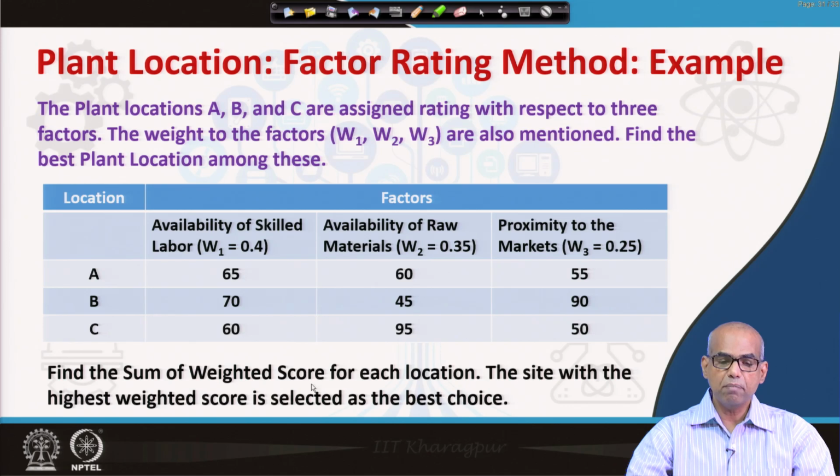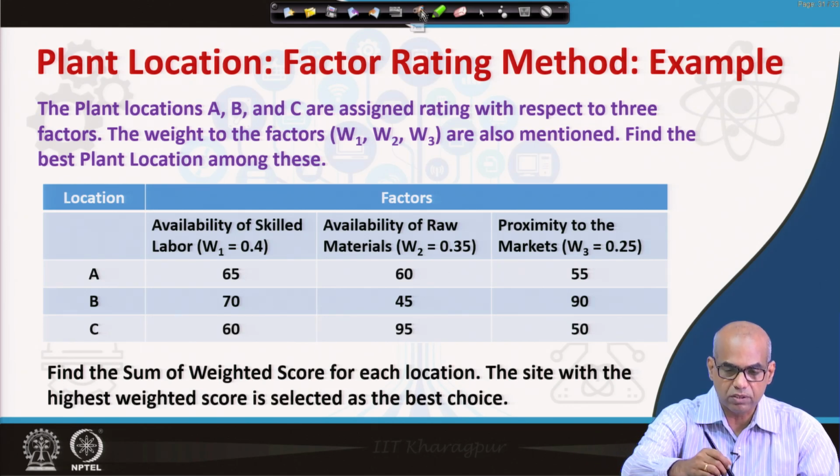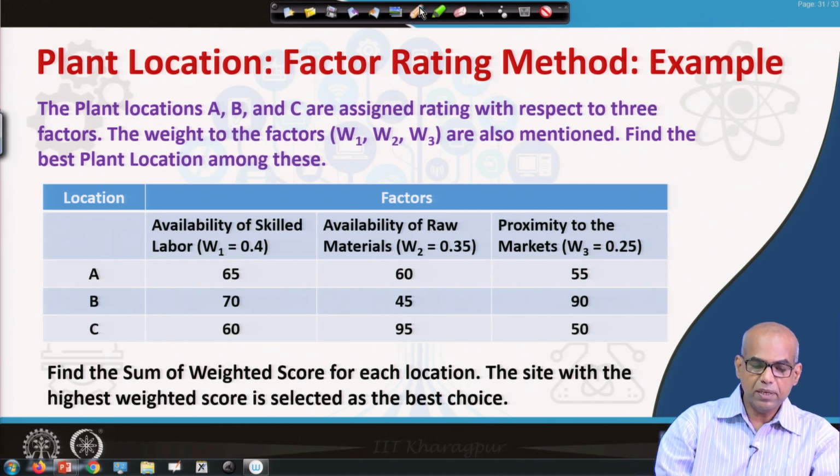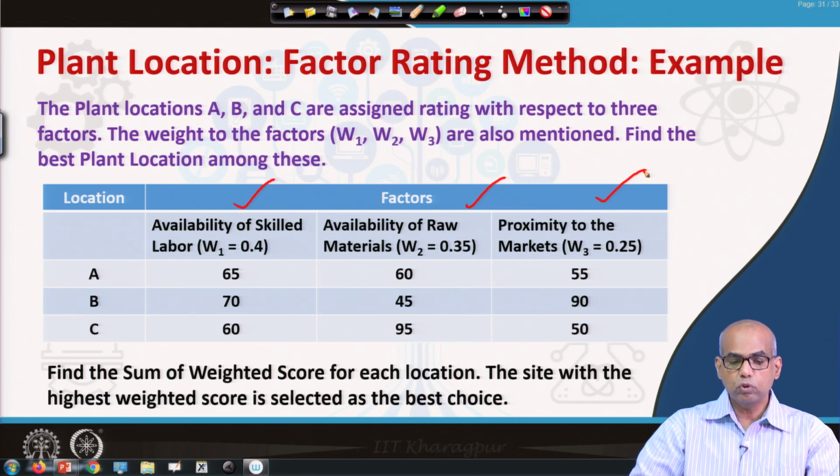The plant locations A, B and C are assigned rating with respect to 3 factors: availability of skilled labor, availability of raw materials and proximity to the markets. The weight to the factors W1, W2 and W3 are also mentioned. We have to find the best plant location among A, B and C.